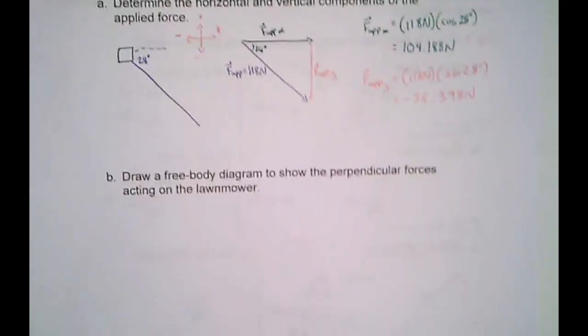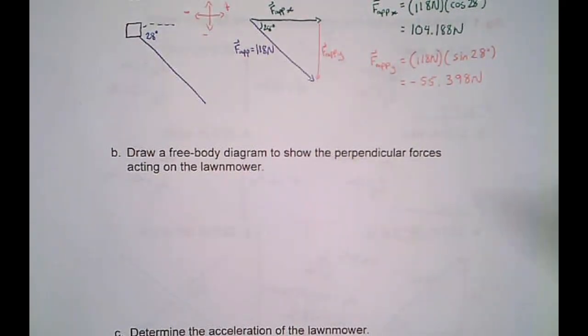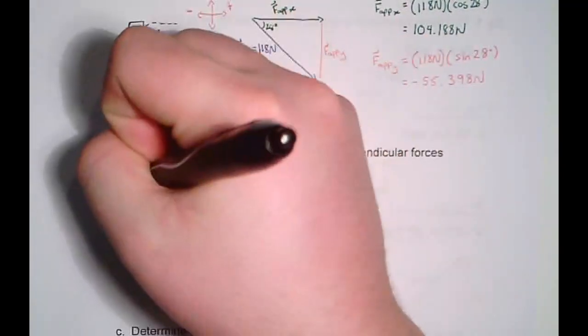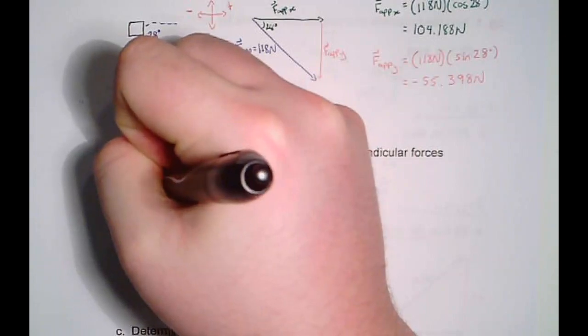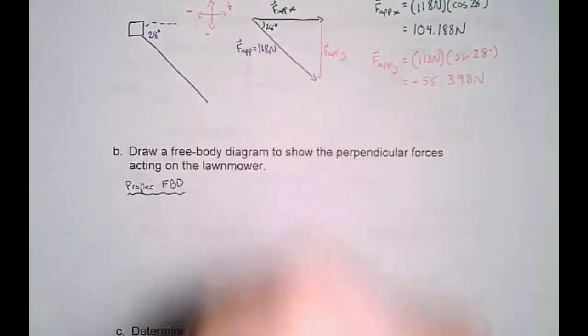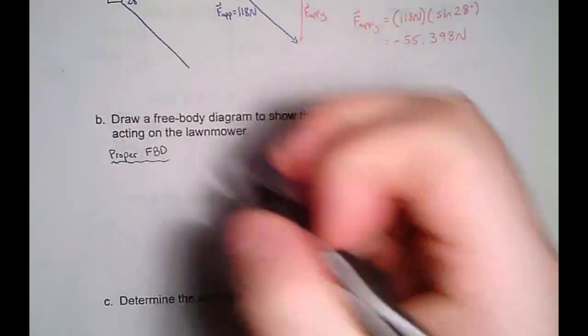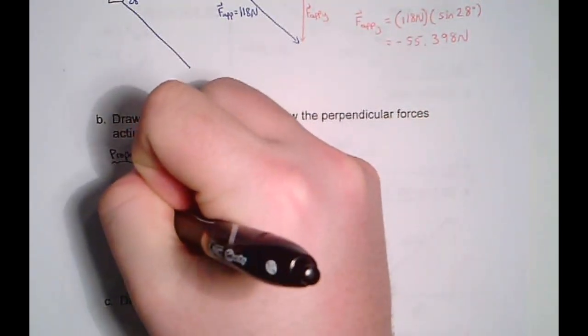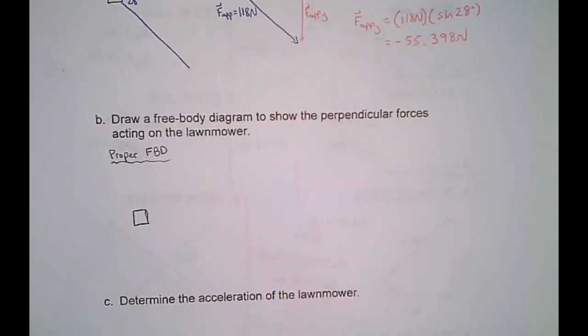So what we drew up top, this is not an actual proper free body diagram. To draw a proper free body diagram, we are going to start with our device or our object or whatever we have, as we always do.